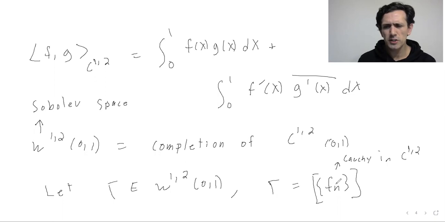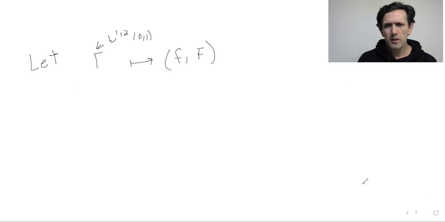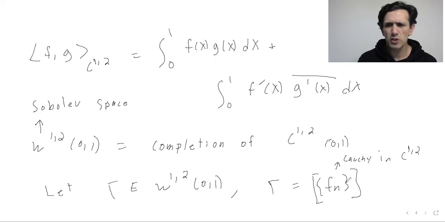there is this Cauchy sequence. And from this Cauchy sequence, F_n and F_n prime are Cauchy, so they converge to something, little f and big F, in L2. And you can check, I'm not going to, maybe I'll give this for homework, but you can check this is independent of the class chosen.